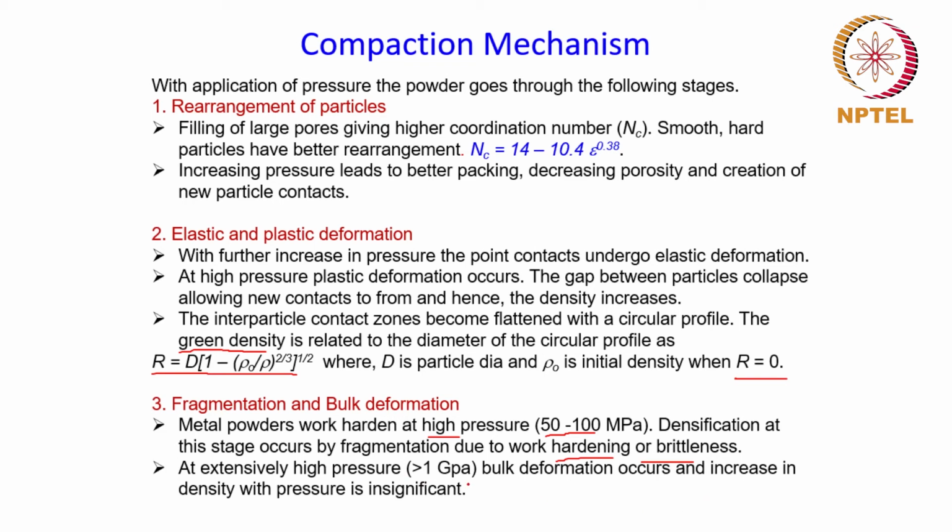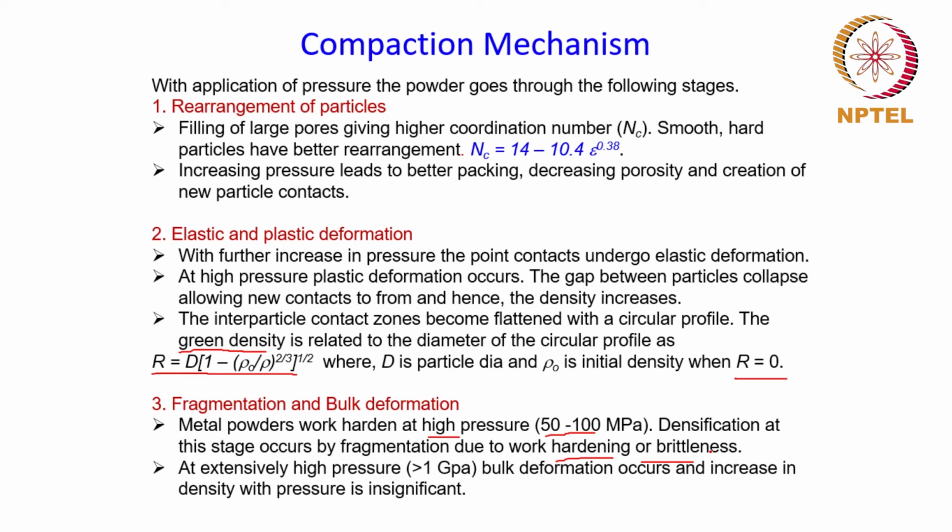When this bulk deformation starts, depending on the nature of the powder, they can either work harden or fragment. Brittle powder, for example, will go through the fragmentation process, and the ductile powder will work harden, as I told you before also.